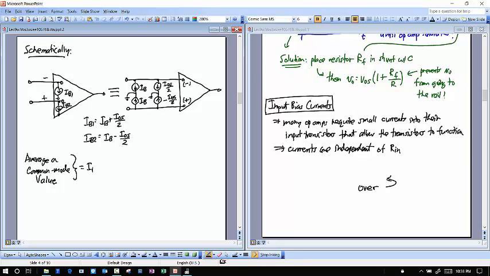And again, we label that I sub B. And from just these equations up above, I can also write I sub B as equal to IB1 plus IB2 over 2, which is obviously the average value of that. And so this we will define as the input bias current.